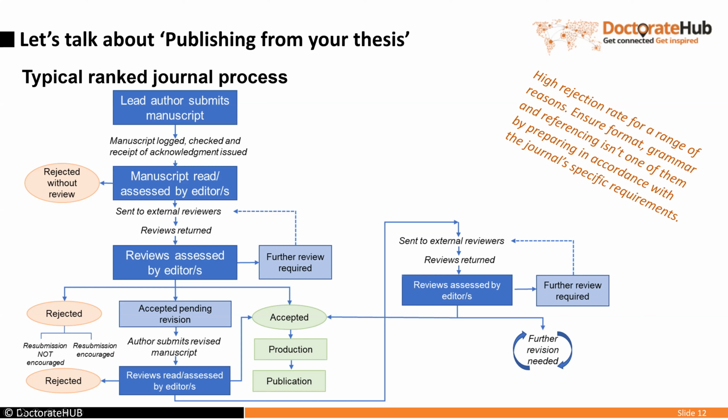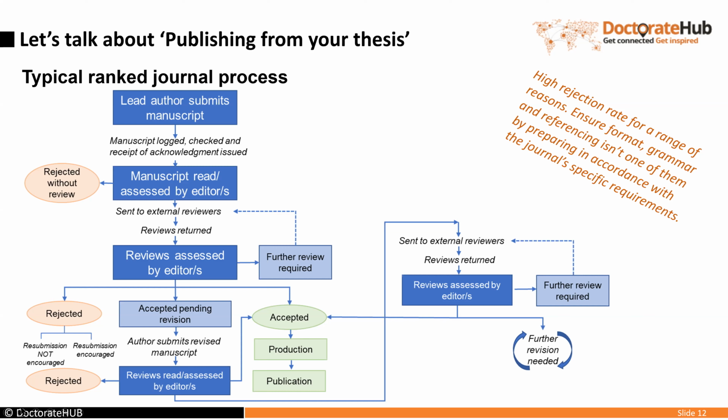They could accept it pending further revision. So the author would go through a submission revision process, or they could accept it. Now, if it goes through the revision process, the author would do the changes and resubmit back to the editor, because that's their key reference point. They assess that, and at that point in time they can still reject you.